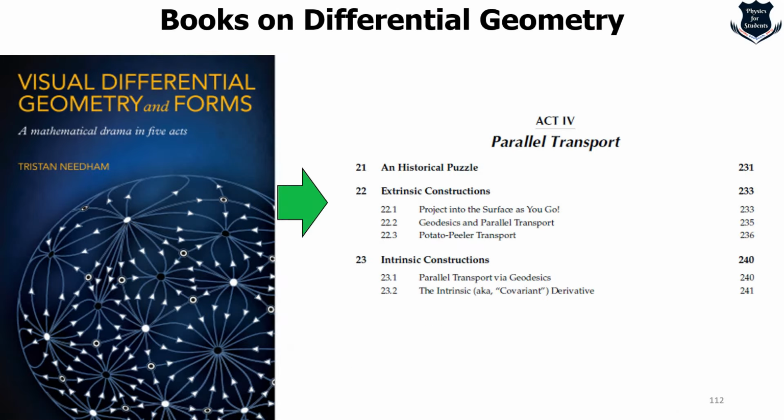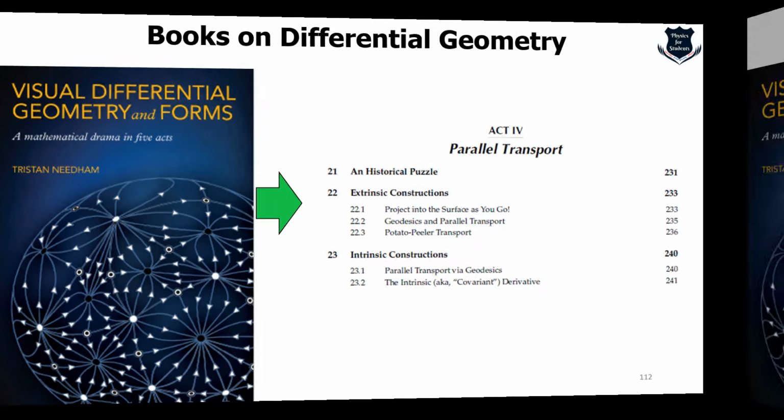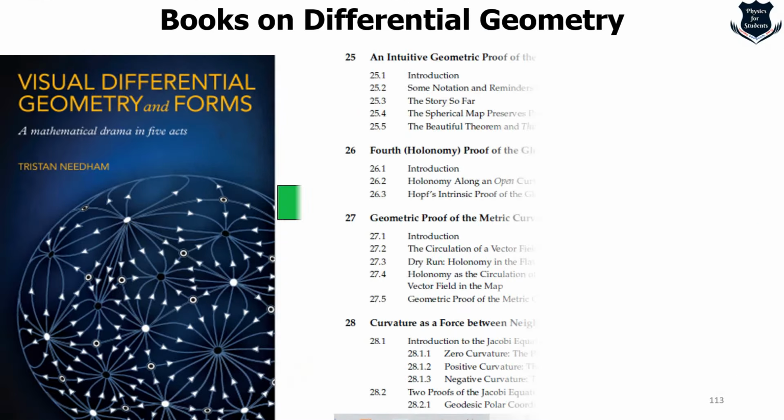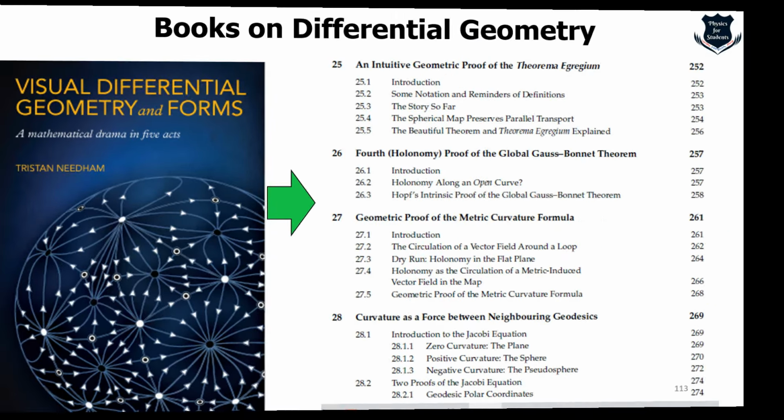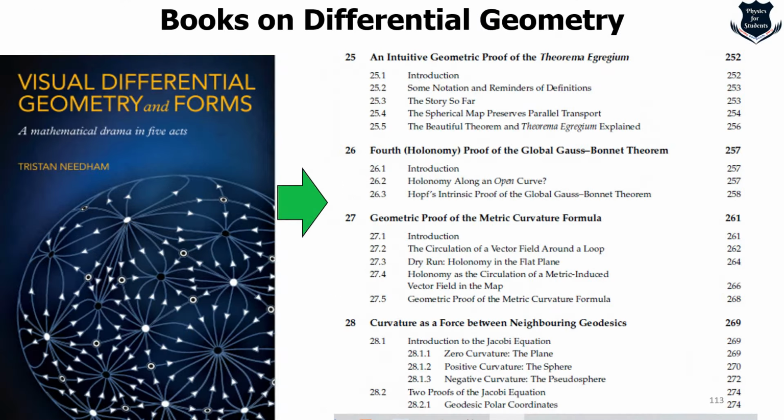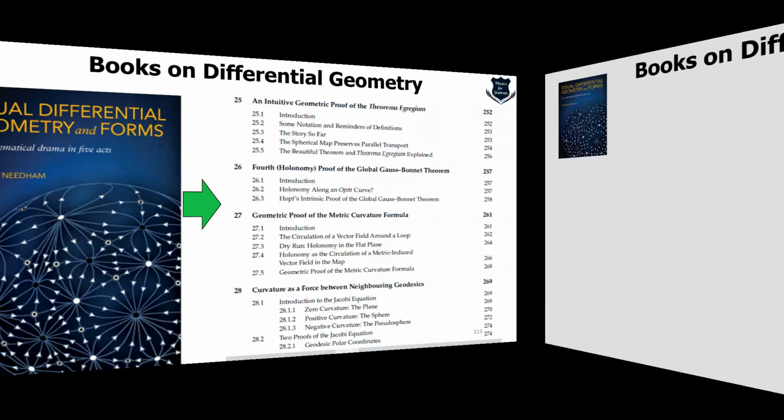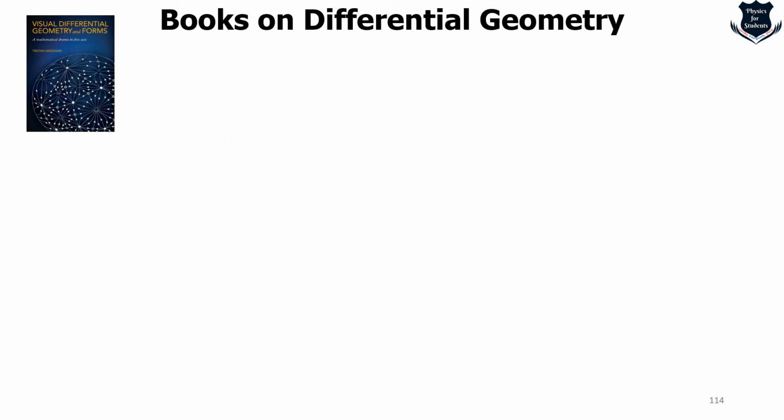Here you see it goes into parallel transport, which is very important for general relativity, the parallel transport and the covariant derivative. Then it covers areas like the theorema egregium, that is the famous Gauss's theorem. Then it covers metric curvature formula, neighboring geodesics, Jacobi equation, and Gauss-Bonnet theorem. So it's quite a dense book and it covers beautifully.